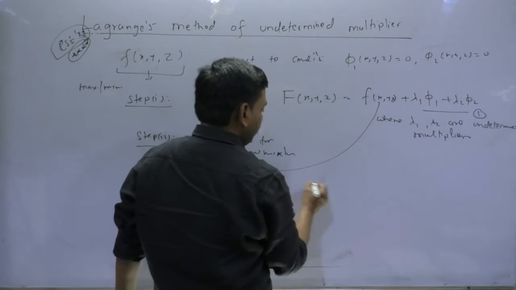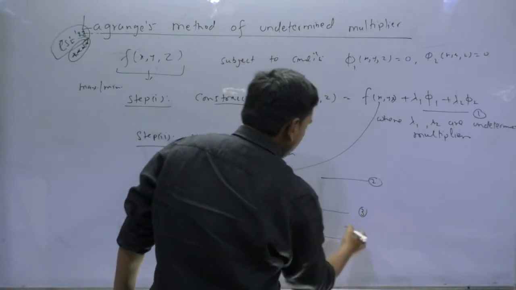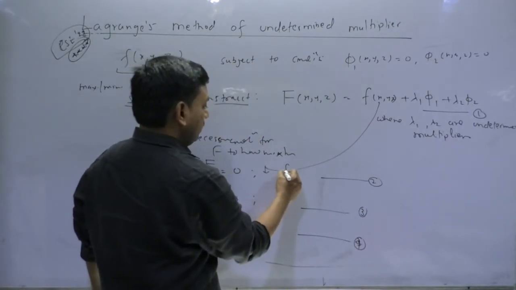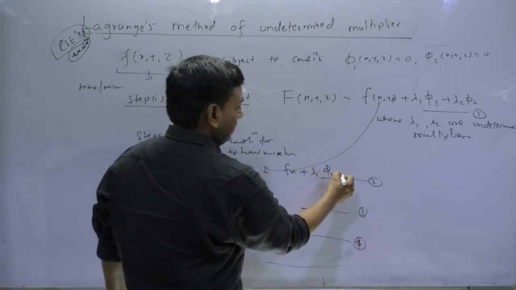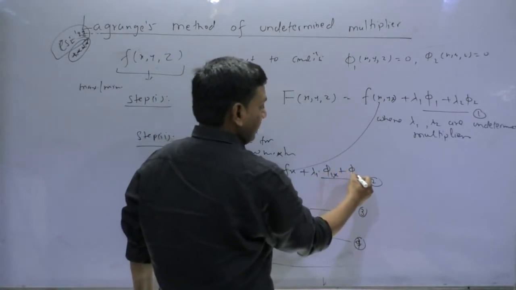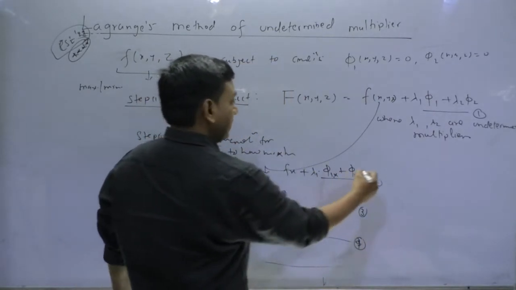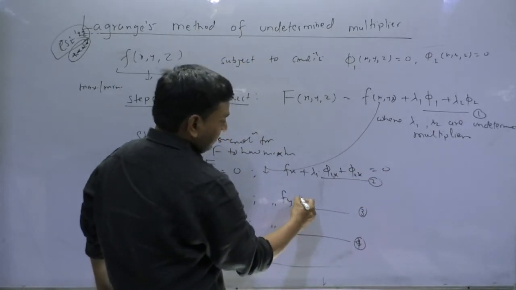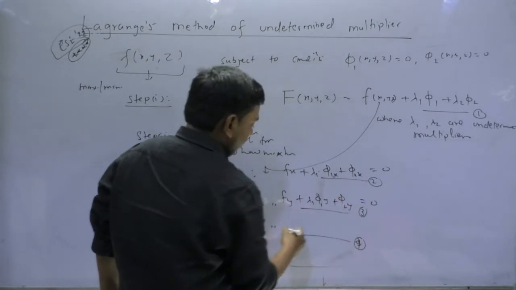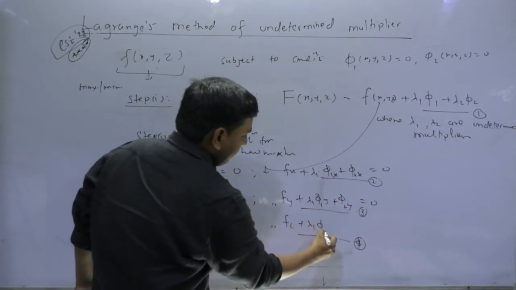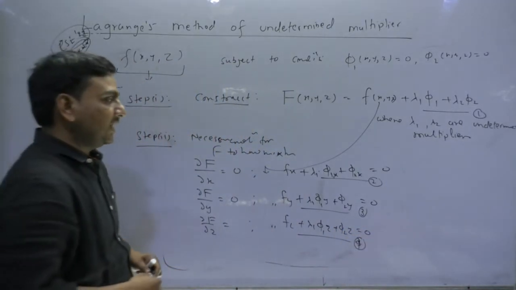When I will have this expression, equation 2, equation 3, equation 4, ultimately यहाँ पर अगर मैं कहूँ fx plus lambda 1 is just a constant, phi 1 differentiation with respect to x, phi 2 का differentiation with respect to x. Here fy and it is equal to 0. f का with respect to y, lambda 1, phi 1 का with respect to y, phi 2 का with respect to y. Similarly fz plus lambda 1, phi 1 with respect to z, phi 2 with respect to z equals to 0. Clear है अभी?